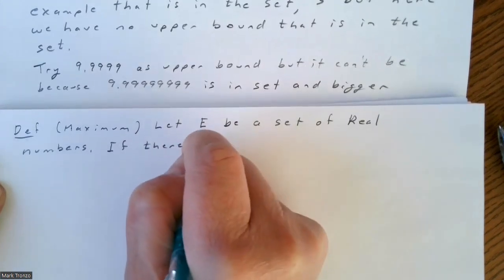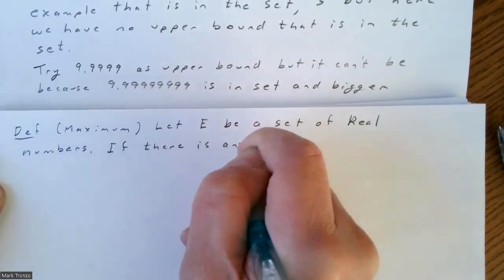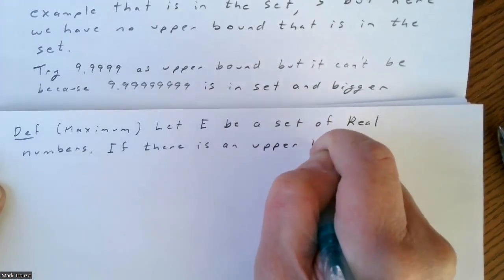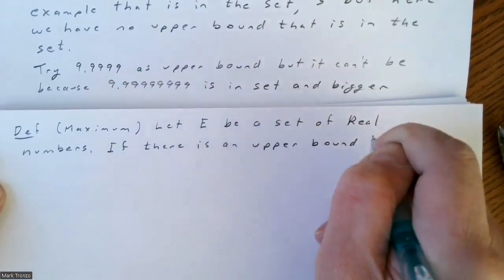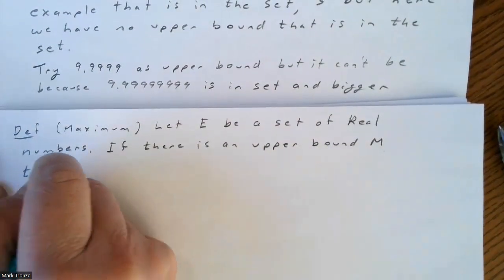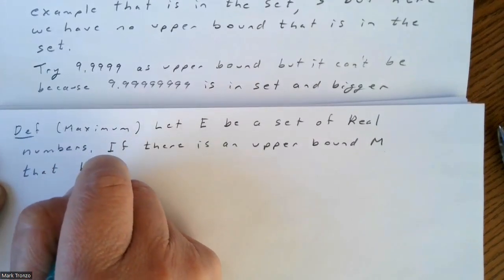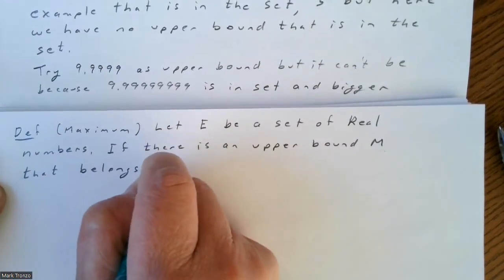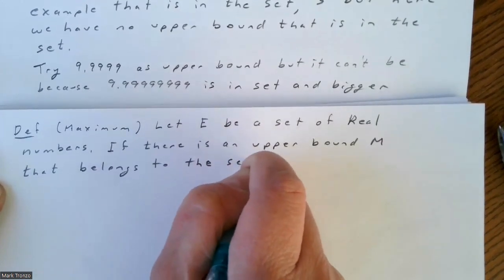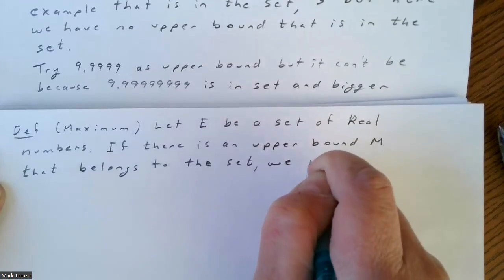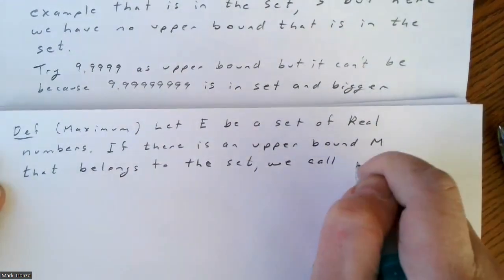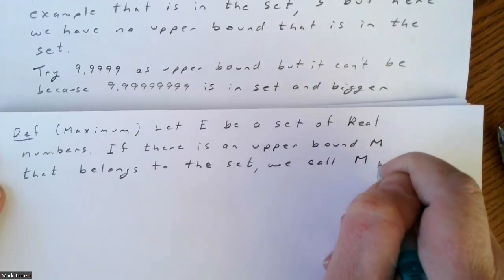If there is an upper bound M that belongs to the set, we call M a maximum.